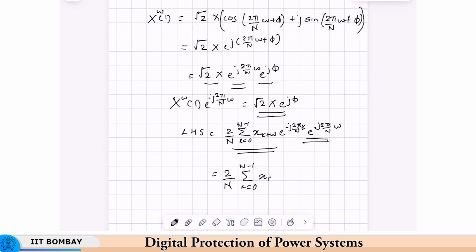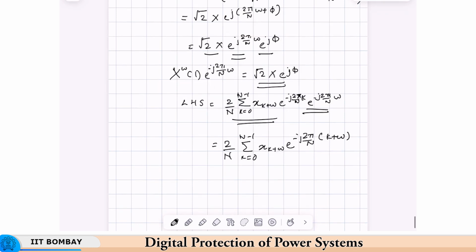if we see here x of k plus W, so, if you see here the index is k plus W. So, we can as well change this k to start from W and end at W plus n minus 1.